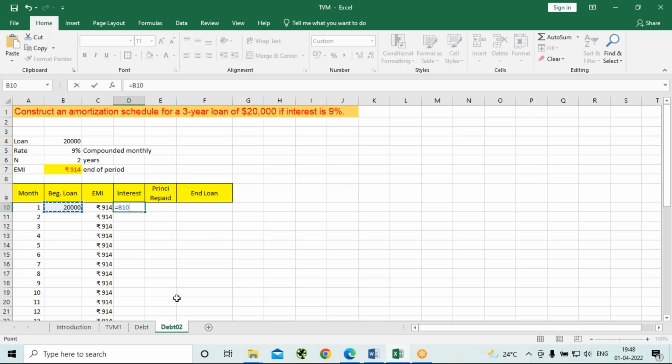Of that particular month, what is the beginning loan? That value only you should select. Okay, fine. So we have selected that month's beginning loan, then into 9%. Yeah. So it's 9% divided by 12.